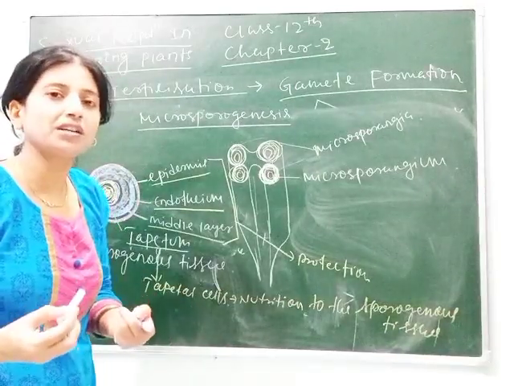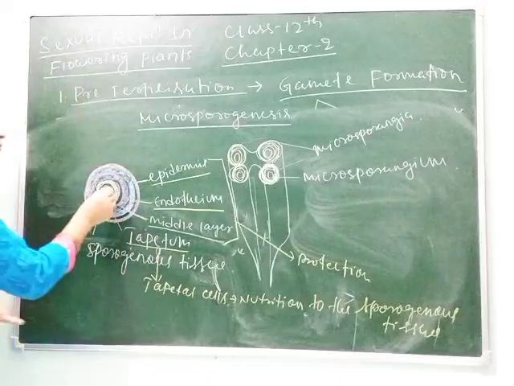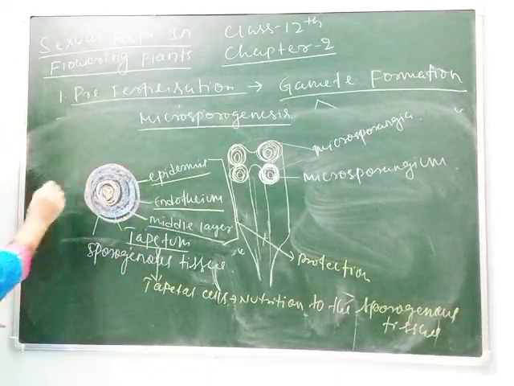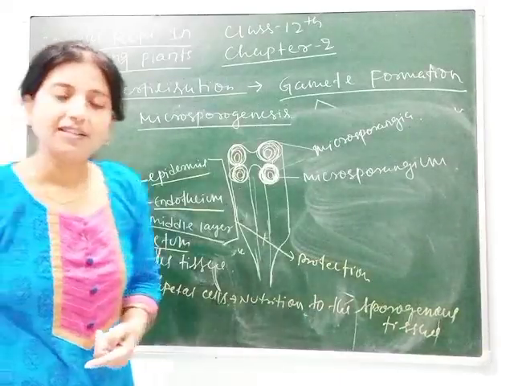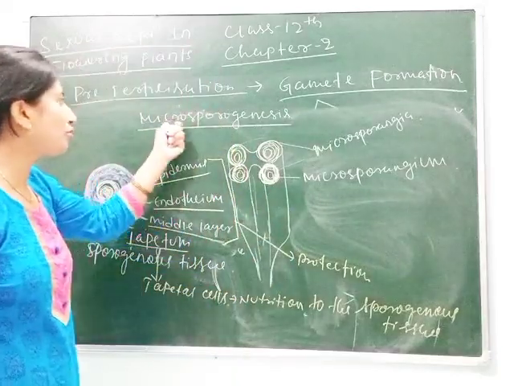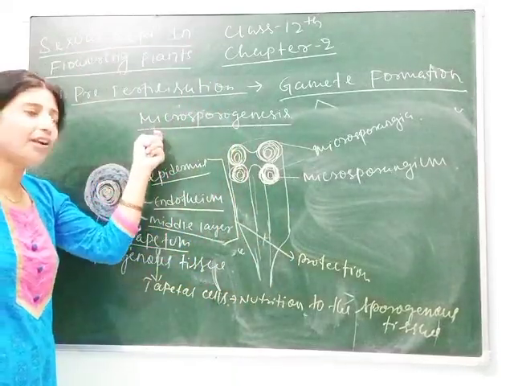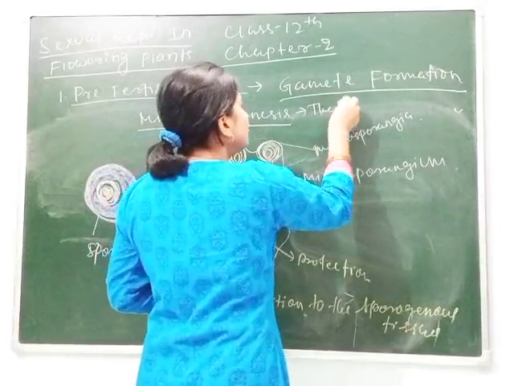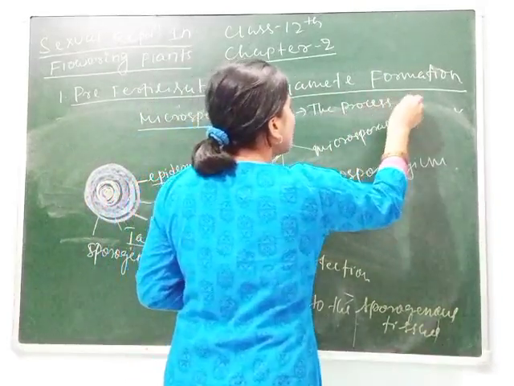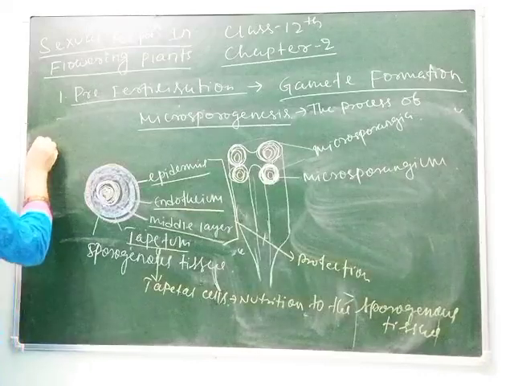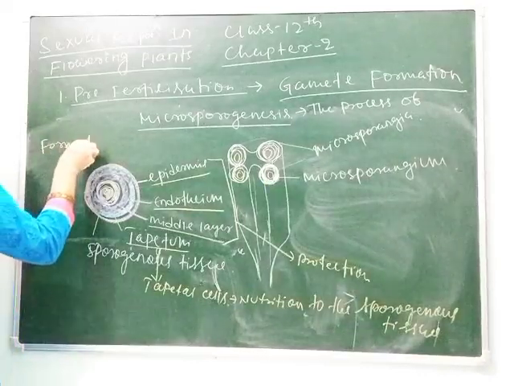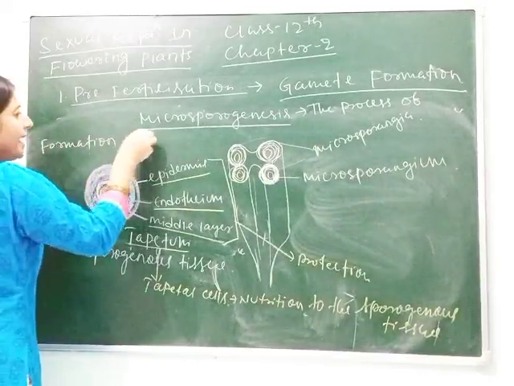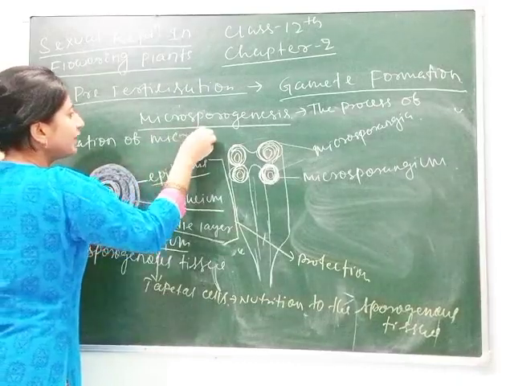So how does this process occur? Let's see. The process of formation of microspore tetrad is called microsporogenesis, which is the topic of today. Microsporogenesis is the process of formation of microspore tetrad.